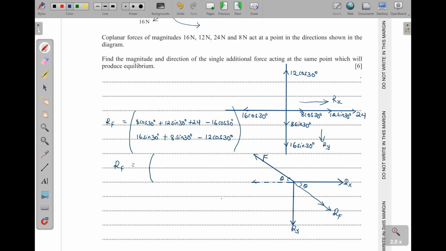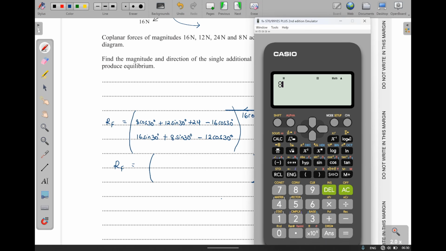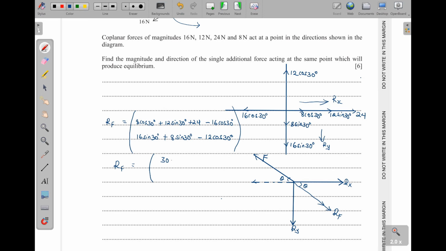So putting everything in the calculator, our Rx is going to be 8 cos 30 plus 12 sine 30, then plus 24 minus 16 cos 30. So we get 30 minus 4 root 3.